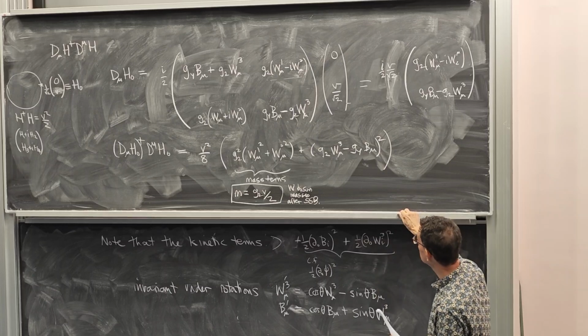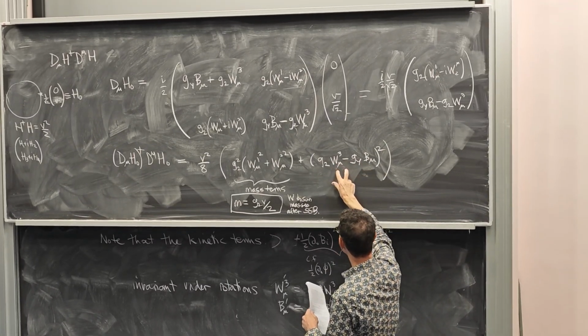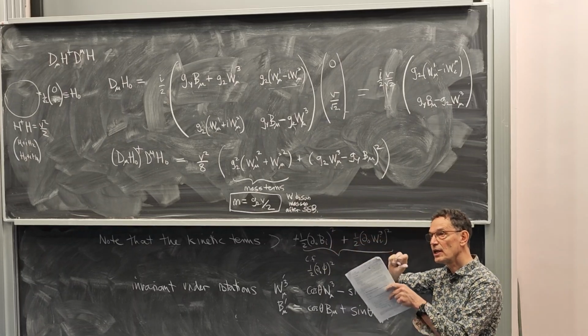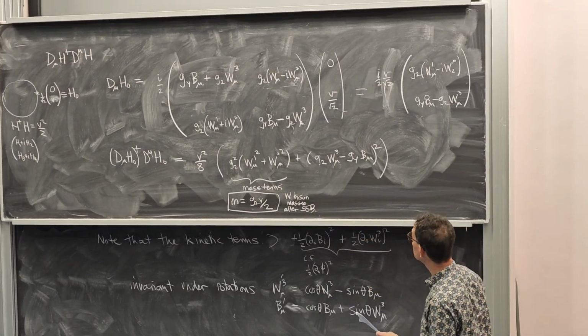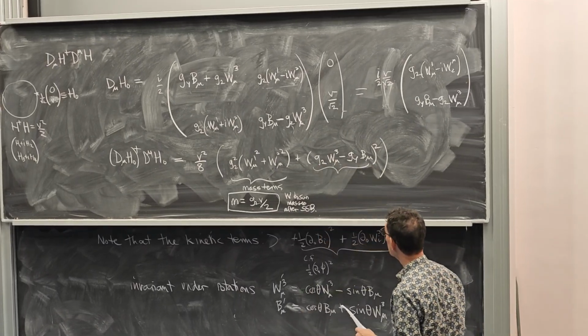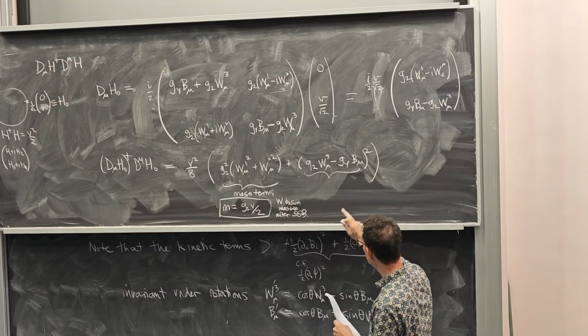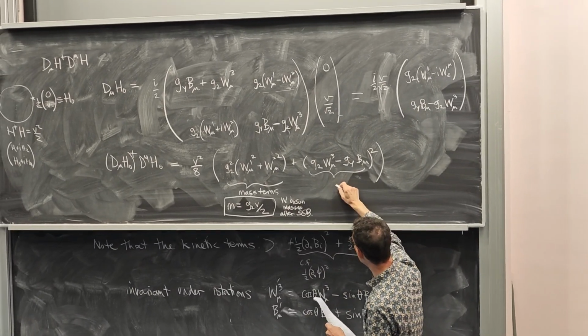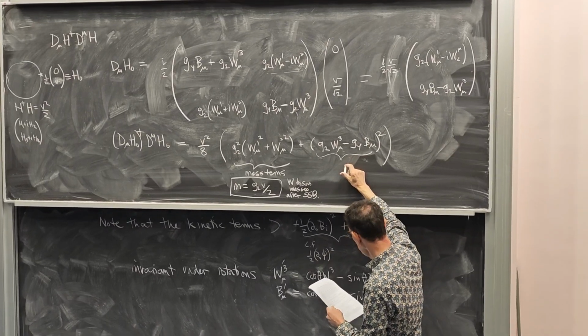What you want to do is do such a rotation such that this massive field is separated from the massless field. So we want to choose theta so that this will indeed be the W3 prime, which I call Z mu.